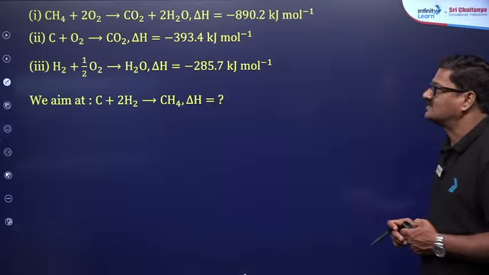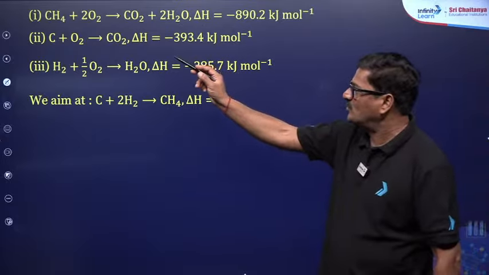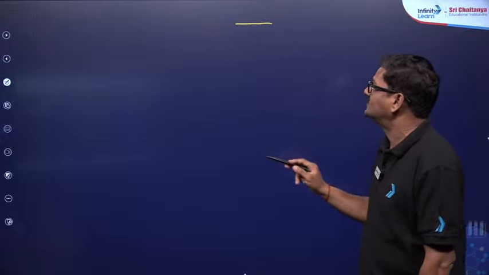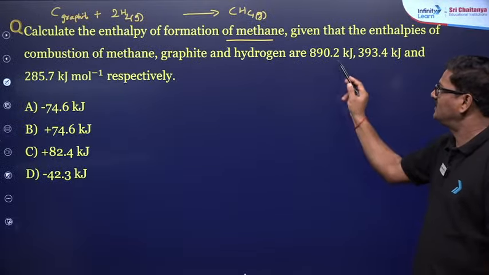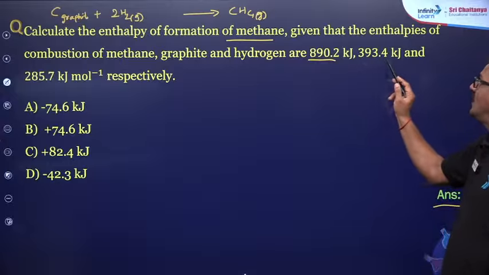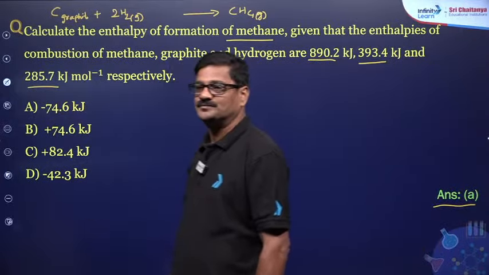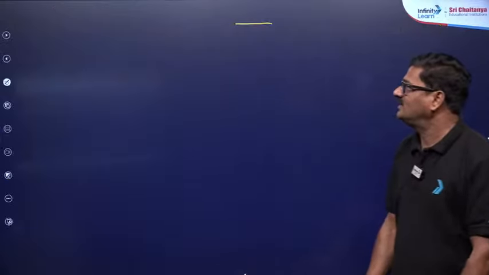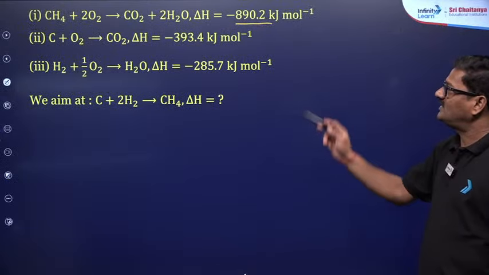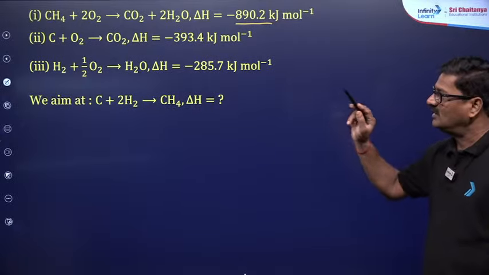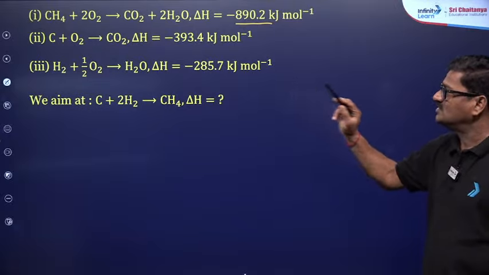It is given that the enthalpy of combustion of CH4 is 890. Look at this, 890 is given now, and the values 393 and 285. Moving ahead, that is 890 for methane, 393.4 for the enthalpy of combustion of graphite, and 285 for hydrogen.